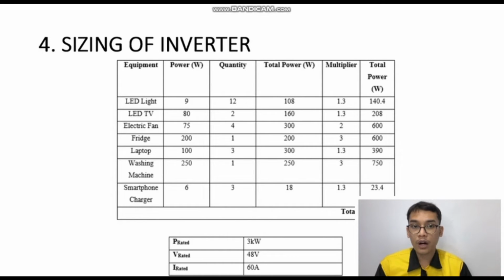So, for our inverter, we choose a 3 kilowatt, 48 volt, and 16 ampere because our total power is 2711.8 watt. So we can still use the 3 kilowatt inverter because it is not exceeding our actual total power.